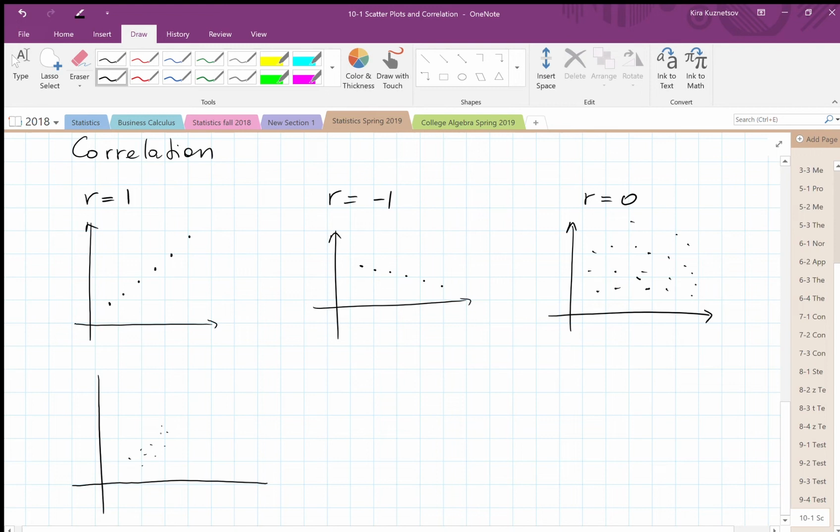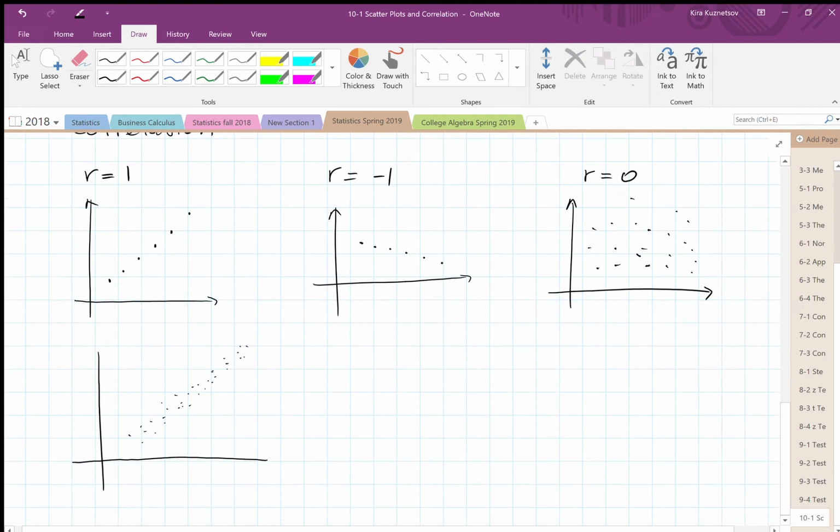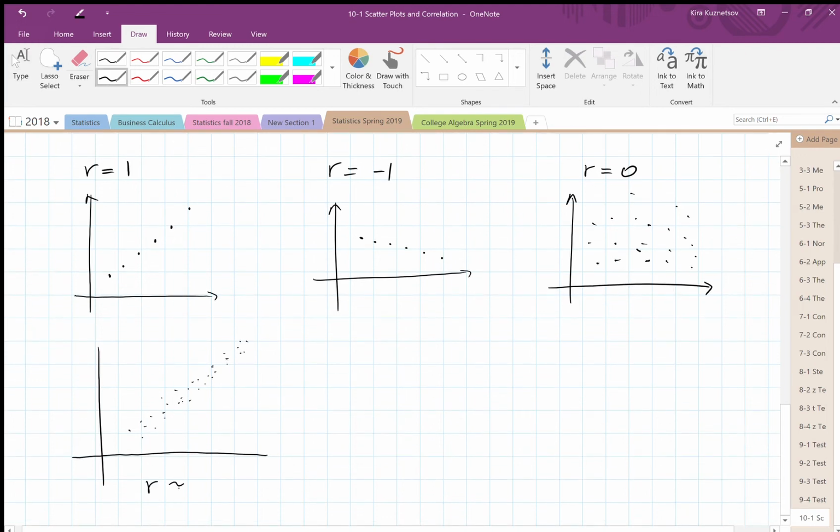So something like this, where you could obviously see that it does form a line, might have a correlation of 0.9, whereas a relationship that's a little bit more spread out but still has a positive trend might have a 0.7.